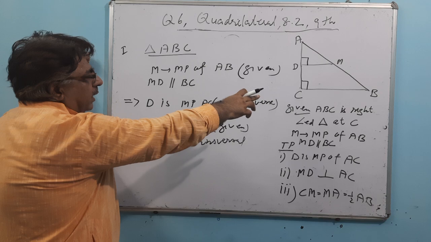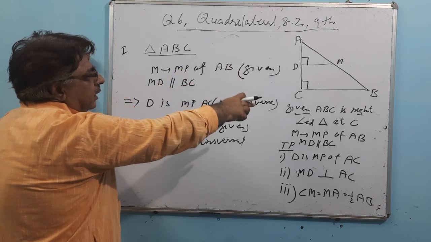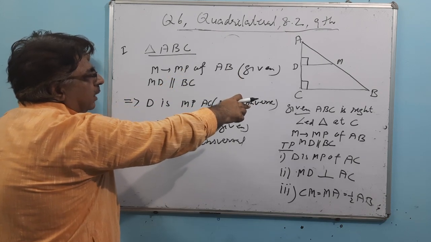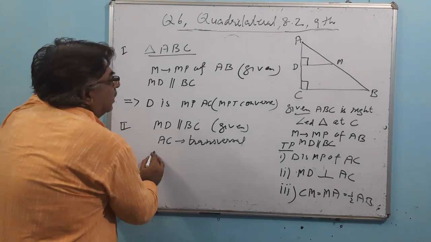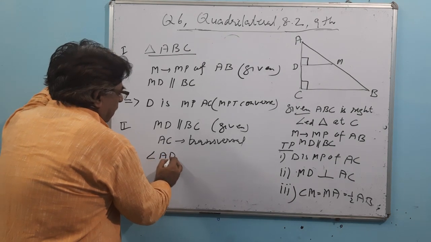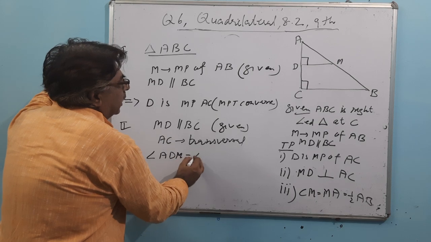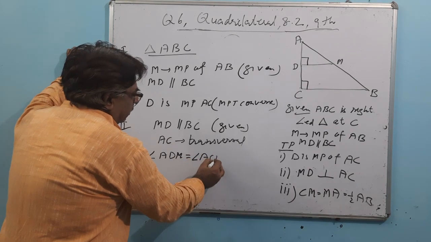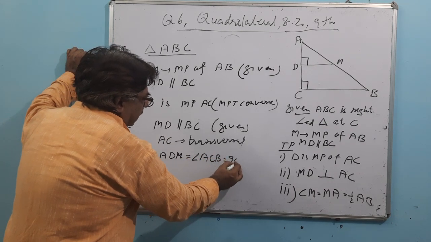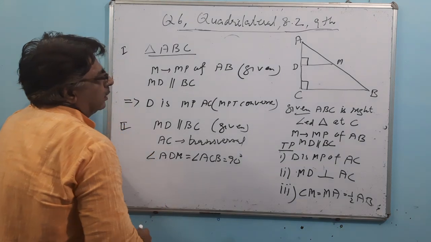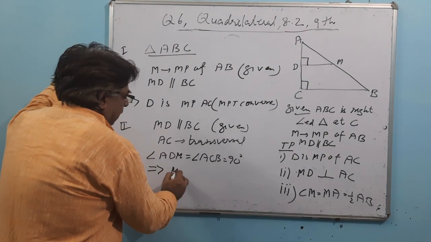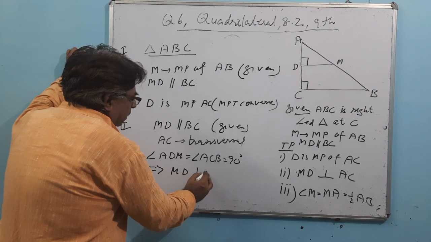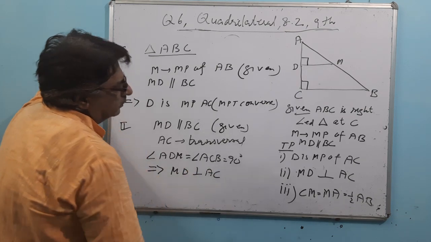MD and BC are parallel, AC is the transversal, so by property of corresponding angles, angle ADM is equal to angle ACB, which is given as 90 degree. So, it is proved that MD is perpendicular to AC.